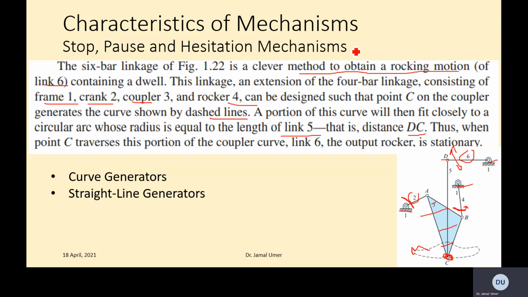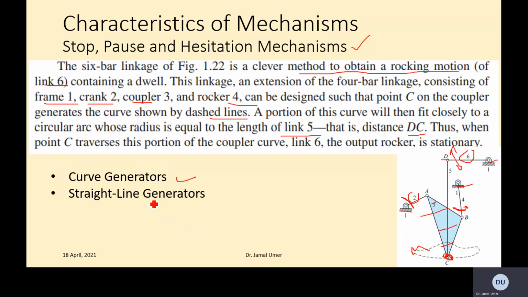In continuation of this, in the same chapter from the theory of machines and mechanisms, there are further examples including curve generators. This stop, pause and hesitation mechanism could also be part of a curve generator where curve generation is required.